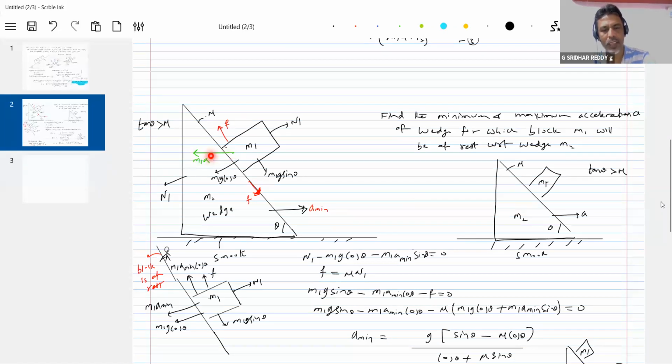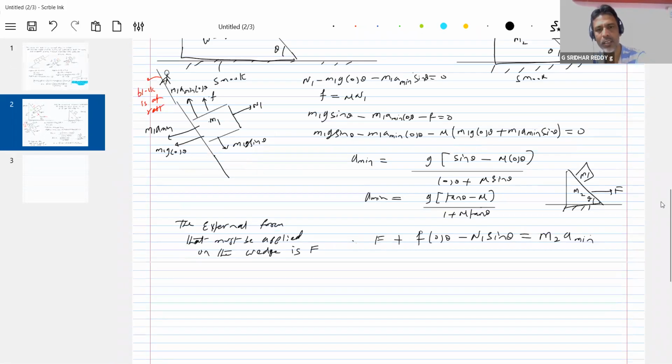Then at one specific value, the component of pseudo force is such that it will try to push the block up the incline. So what is the direction of friction? It should be down the incline. At that particular point, the acceleration of the wedge will be maximum.